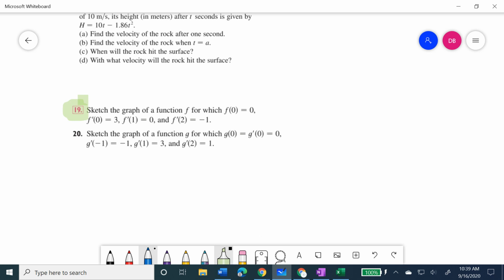So I'm just going to highlight it so that you know what I'm working on. We're supposed to sketch a graph knowing certain information. I'm going to start with known points.